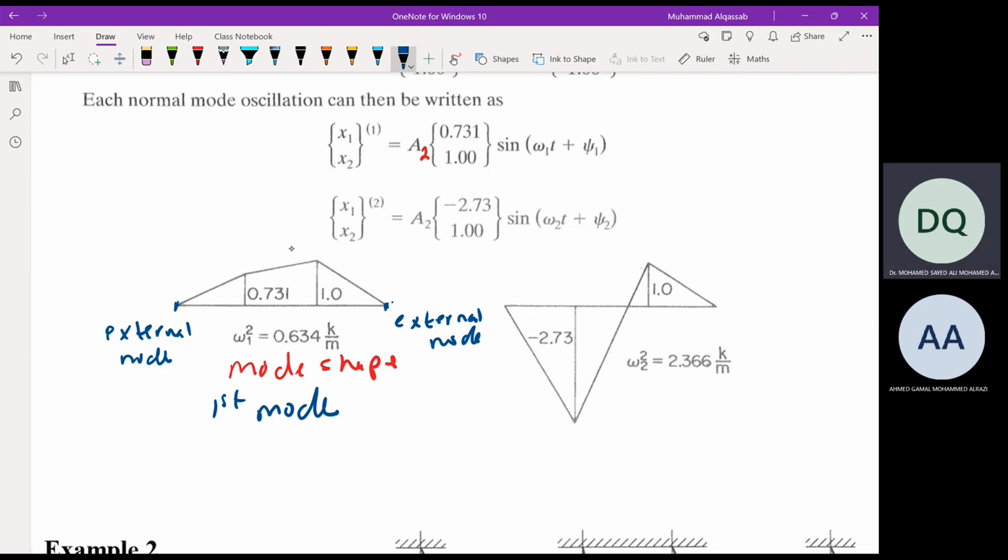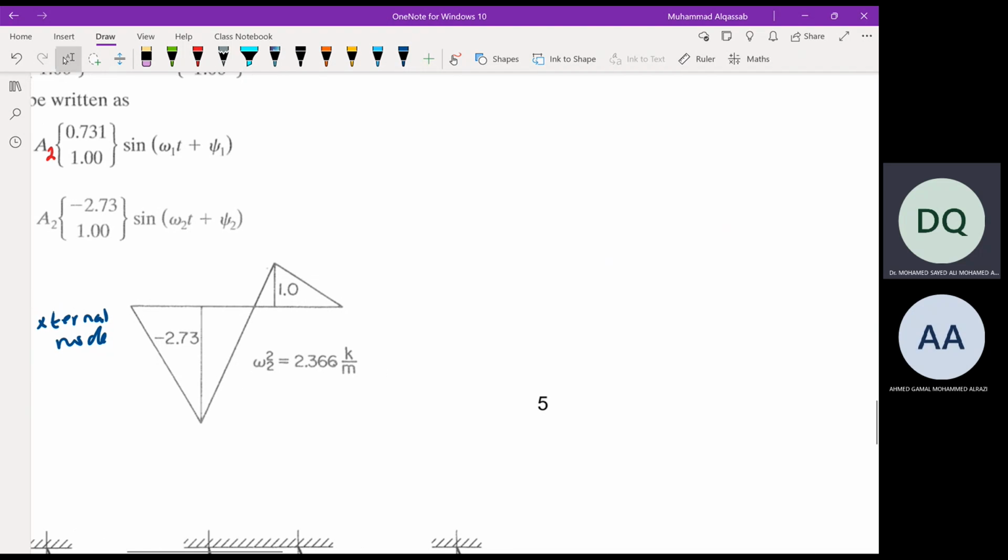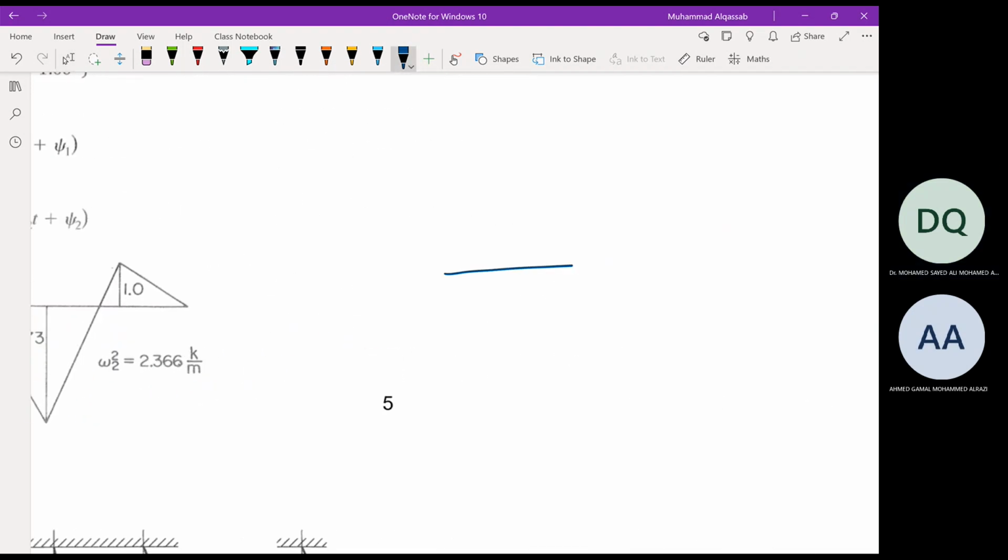Or the displacement at those points is always 0. So if A2 is 1, A1 is 0.731. Okay, so the normal mode, we can extend it. For the first mode, we have a node here and a node here, and this is the location of masses 1 and 2. Okay, so if A2 is 1, then A1 is 0.73.